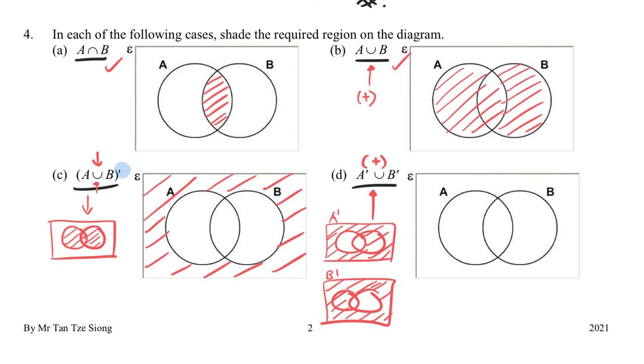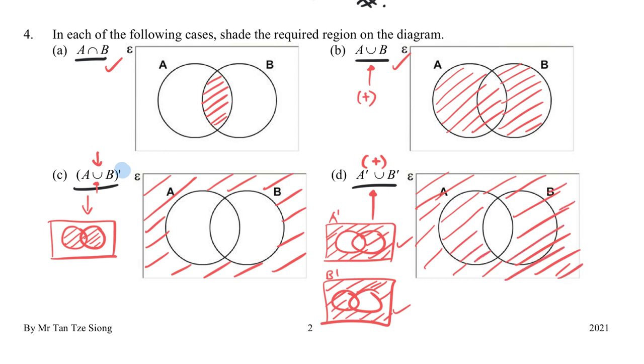That would refer to the first diagram, right? And I'm adding everything from the second diagram, which includes this part. So there you have it. This is A complement union B complement.